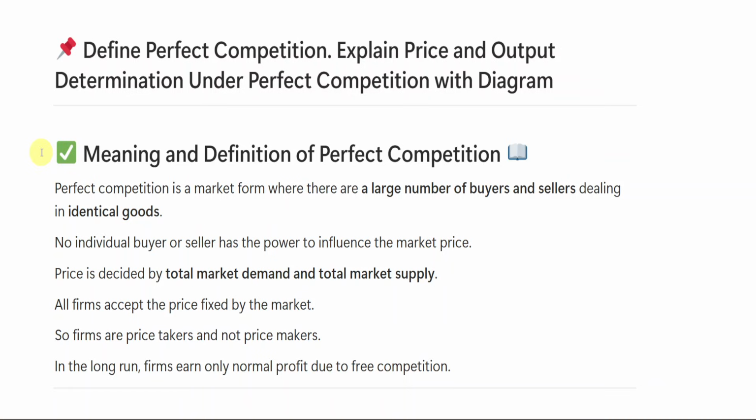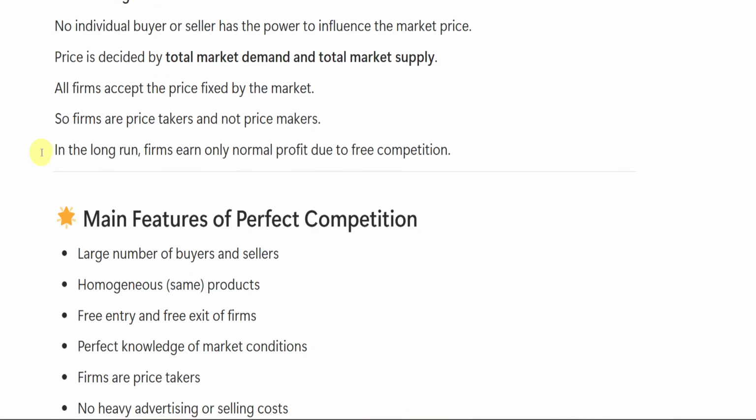Everyone sells identical goods. No single seller is big here, so no seller can change the price alone, and the price is decided by the market itself. That is why firms are called price takers. They will accept the market price. This is what perfect competition is about.